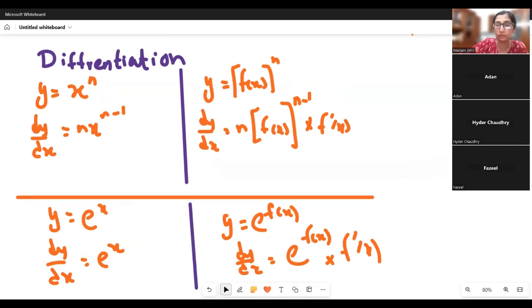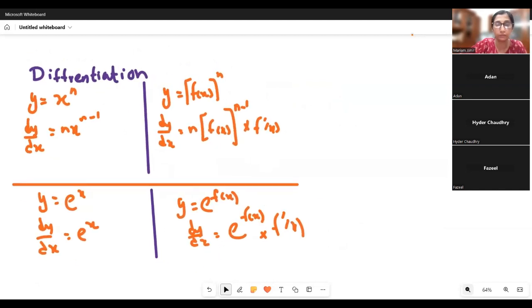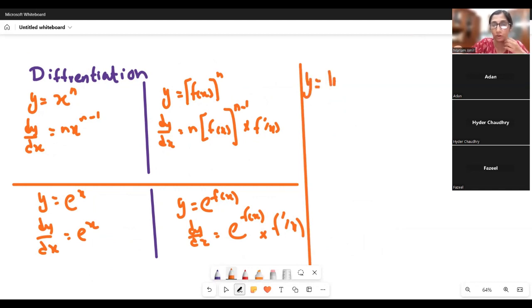Then we did case 3 in the last lesson, case 2, sorry, which was y equals natural log of x. The dy over dx for this was 1 upon x.